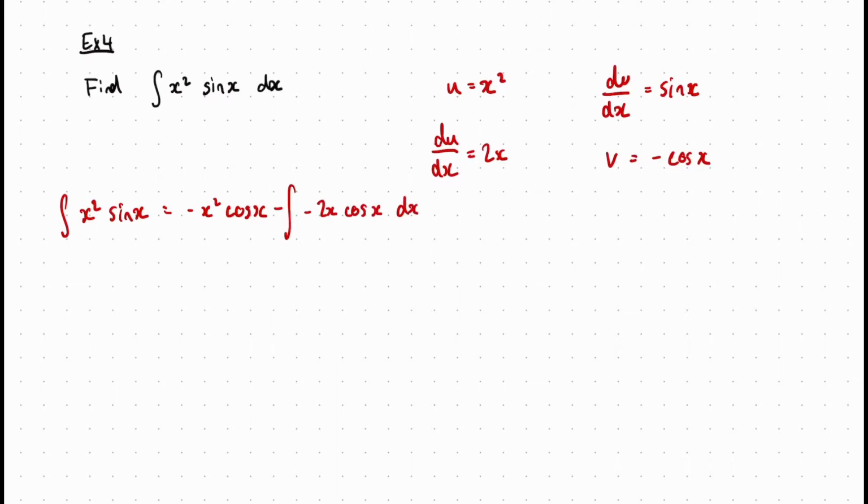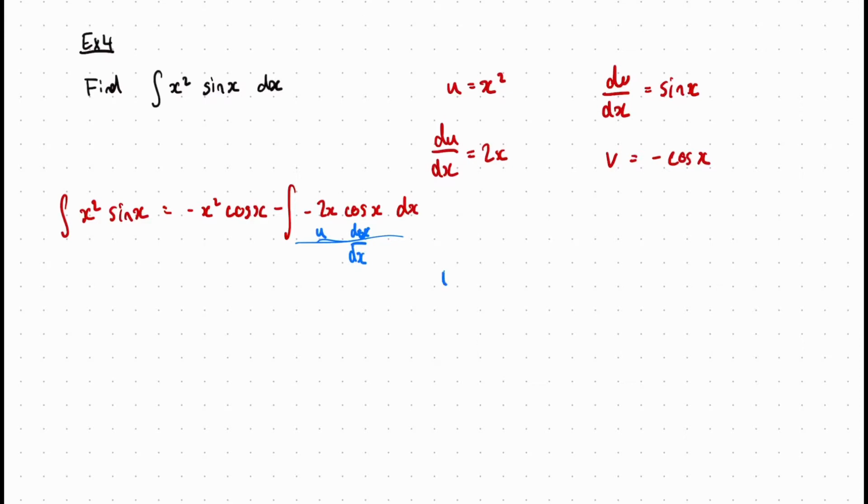You might see a problem here because I've still got an integral which I can't do, because I've got two terms multiplied together. So this is the interesting bit. I can again think about this part here as u and dv dx. This time I'm going to call the 2x u, and the cos x dv dx.